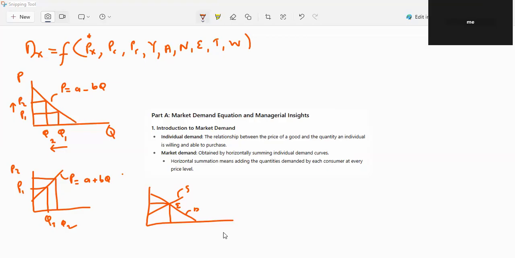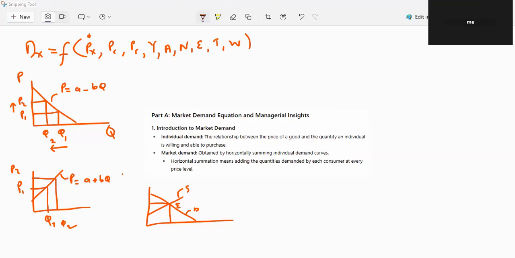So there's what we call market equilibrium, which is a point where demand equals supply. It is where the quantity consumers are willing and able to buy is exactly equal to the quantity that producers are willing and able to sell at a particular price.